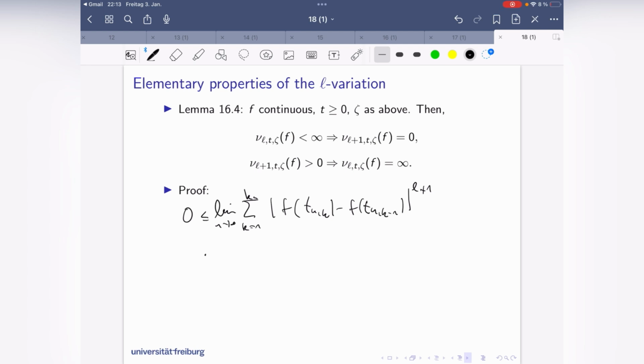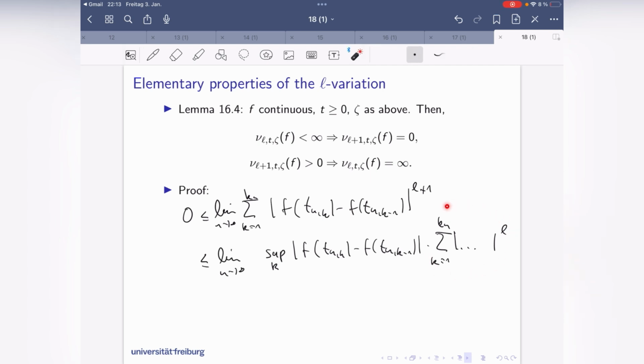and the point is that I'm having the L plus 1 here, so I can use one exponent here and bound that from above by the supremum over all k, f of t n k minus f of t n k minus 1, times the same sum as before, but to the power of L. And this here is just the L variation, which is assumed to be finite.